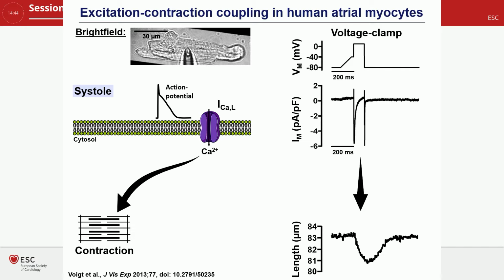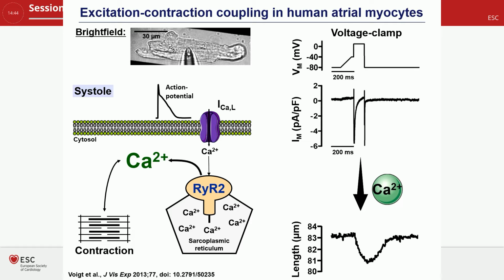which we can also quantify here. So calcium is supposed to be the major mediator, and if we look a bit more into the details, we see that the influx through the L-type calcium channel activates a much larger calcium release from the sarcoplasmic reticulum, and the calcium binds to contractile filaments and initiates contraction.